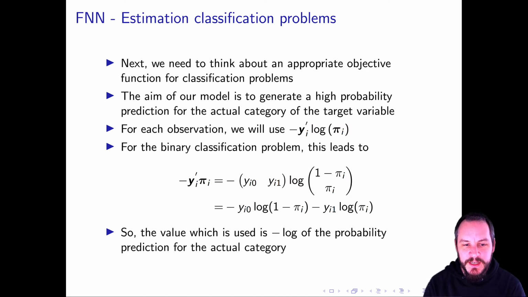That means the target variable here is a vector with dimensionality 2. So here in the first position, this is a value which is equal to 0 if observation i does not belong to category 0, and if it belongs to category 0, then this will be 1. So it's either 0 or 1, but it's either here 1 or it's here 1, depending on if it's category 0.